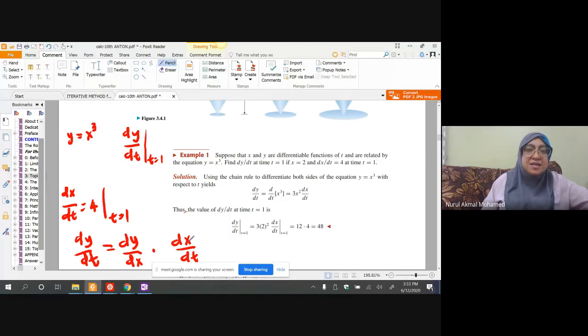The dx/dt when t is equal to 1. So the question asks for when t is equal to 1.